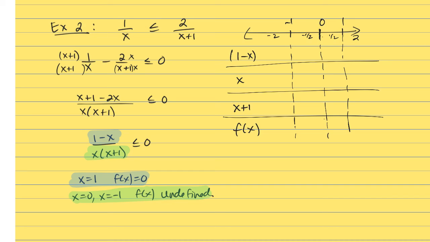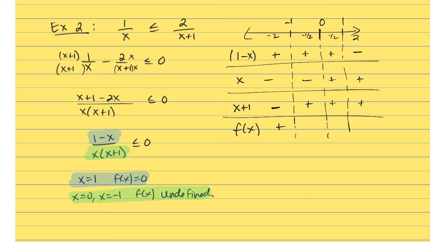All right, so 1 minus a negative 2, that's positive. 1 minus a negative 1/2, positive. 1 minus a half, that's positive, but 1 minus 2 is negative. These have the same sign as our test points. Negative 2 plus 1, that's negative. Negative 1/2 plus 1, that's positive, positive, and positive.